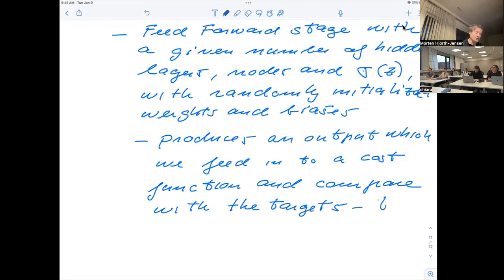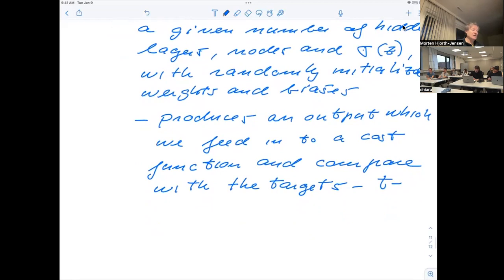And we label these as T. This feed-forward stage is a stage where we have not done any training on the weights and the biases. We just initialize them randomly.